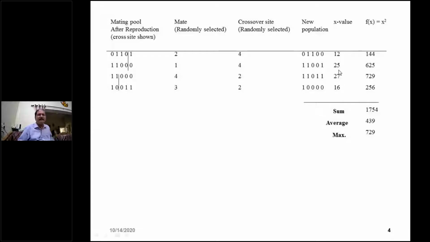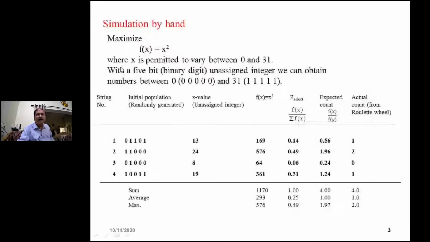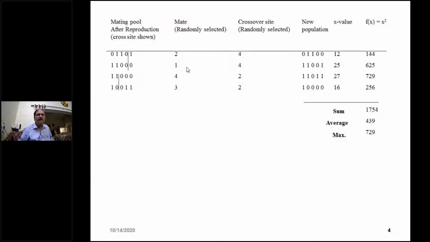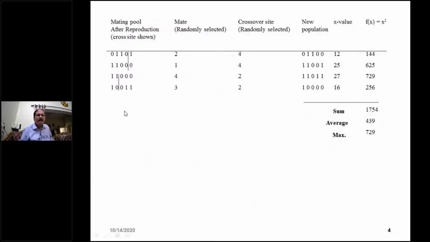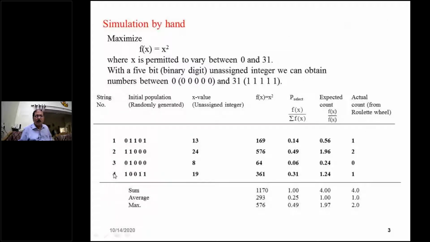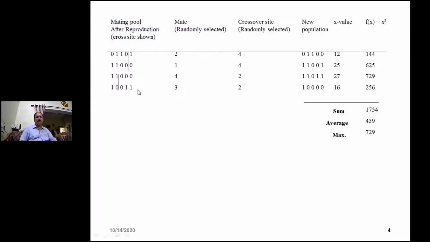So you see 1 copy of the first population member 01101 comes here, then 2 copies of the second member 11000, and 1 copy of the fourth, 10011.